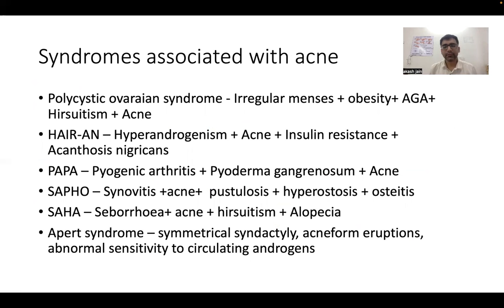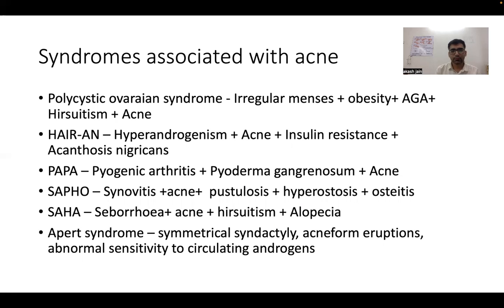So in such patients, we will find a constellation of signs and symptoms of irregular menses, obesity, alopecia, and acne. Second syndrome is HAIR-AN syndrome, also known as hyperandrogenism, insulin resistance, and acanthosis nigricans.